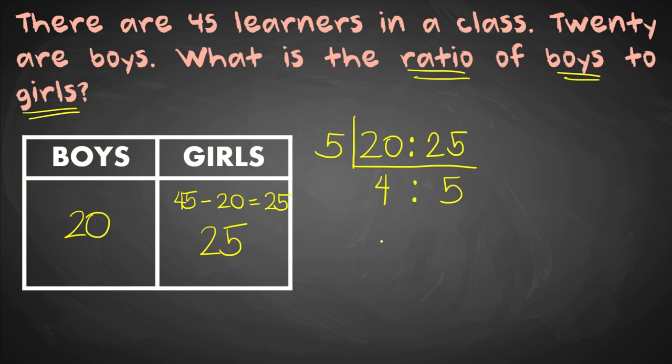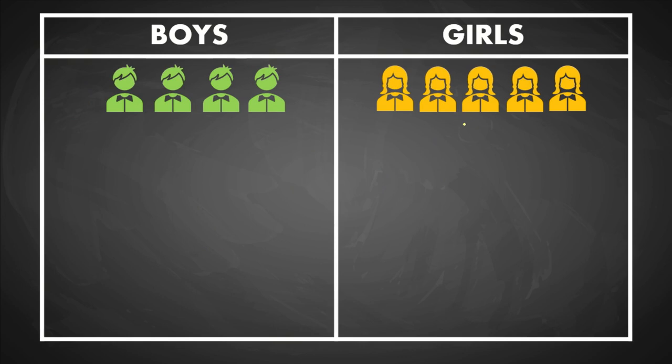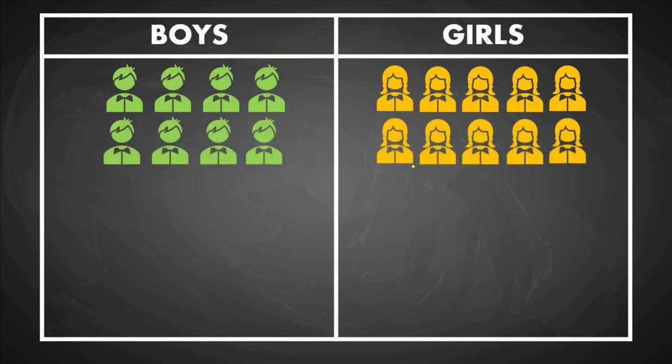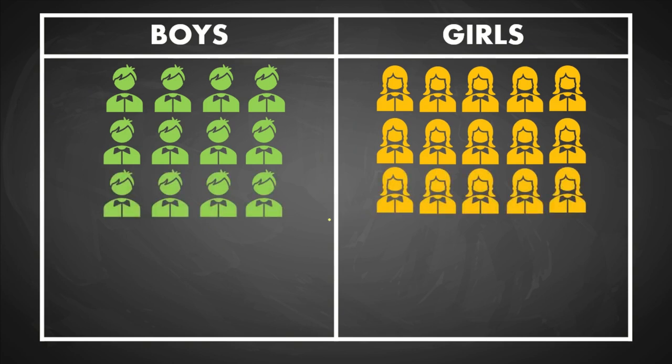So meaning, we have 4 boys is to 5 girls. So kung i-imagine natin siya, para siyang ganito. So merong 4 boys and 5 girls. Pag nadagdagan ng 4 boys, 5 girls ulit yung madadagdag. Another 4 boys, 5 girls ulit.